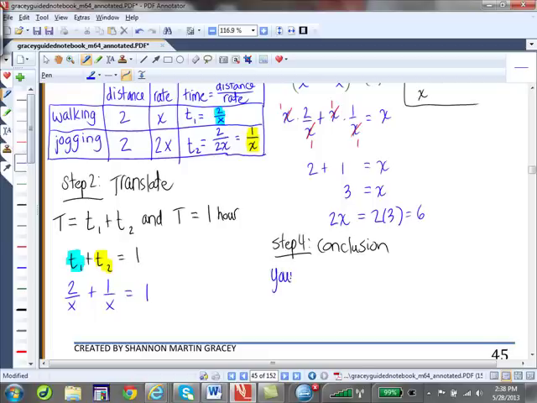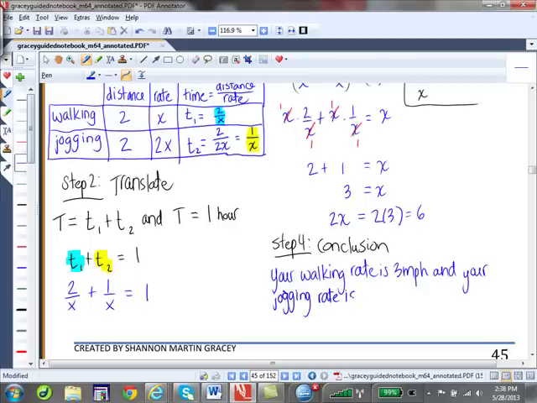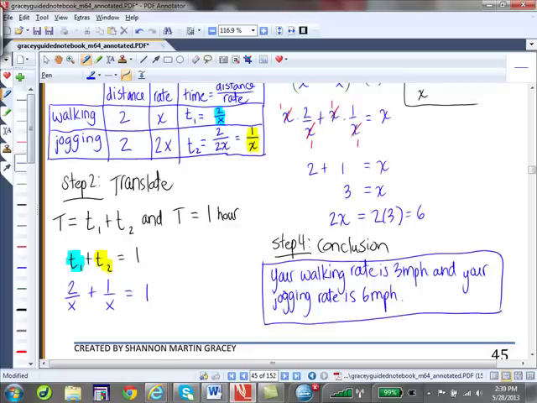Your walking rate is 3 miles per hour, and your jogging rate is 6 miles per hour, and you're done. Okay?